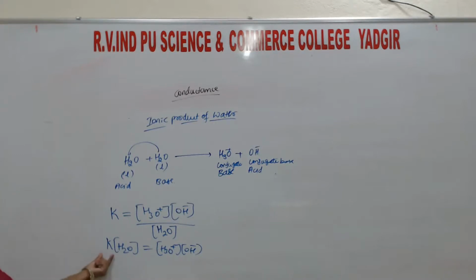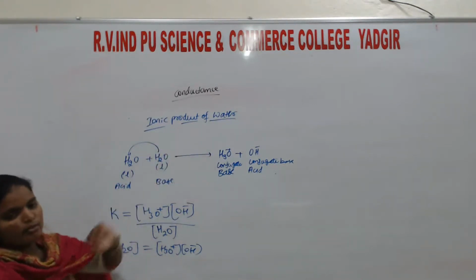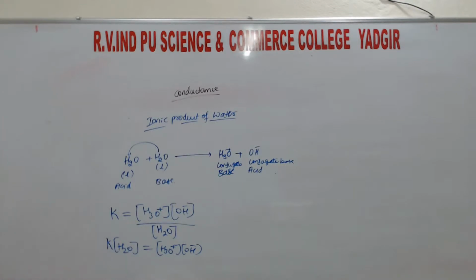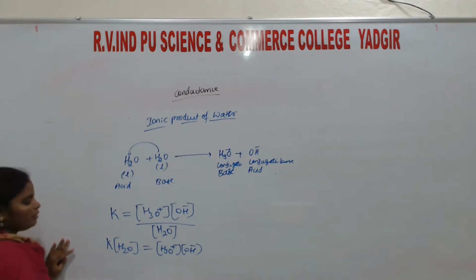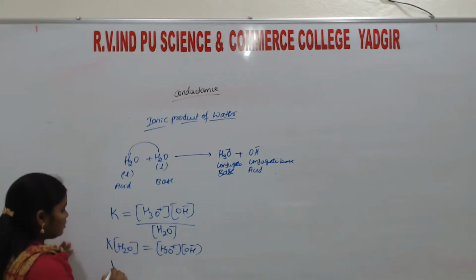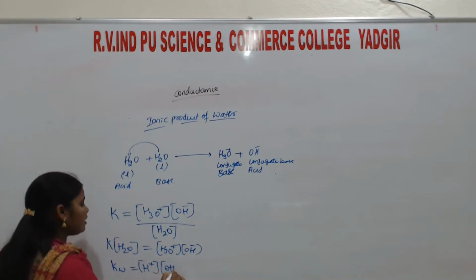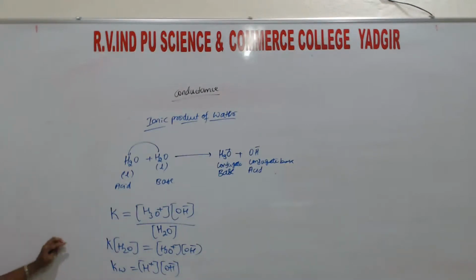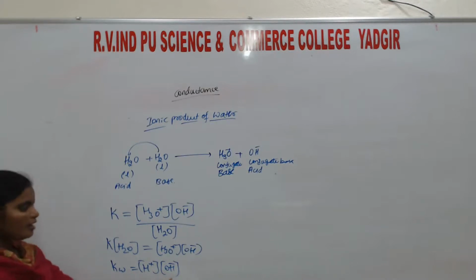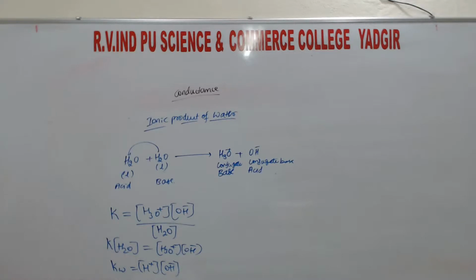This is written as KW, the ionic product of water, where W stands for water. KW is equal to the concentration of H plus times the concentration of OH minus.